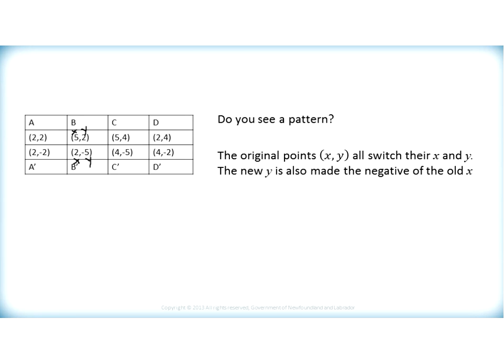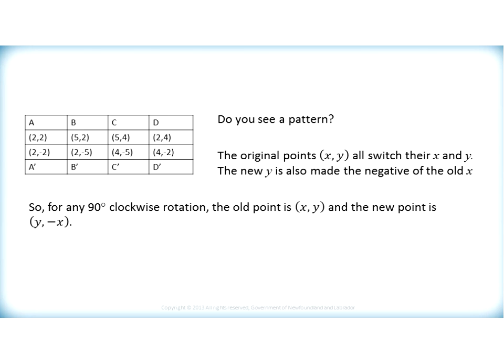But also, I had positive 5 in B, and it's negative 5 in B prime. So the new Y is also the negative of the old X. I had a positive 5 in B, so that gives me a negative 5 in B prime. Same happens in C. I've got 5 and 4 in C, and in C prime, it goes from 4 to negative 5.